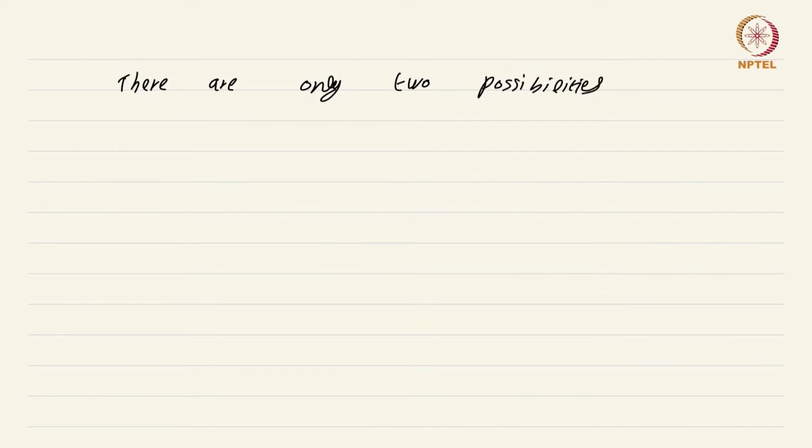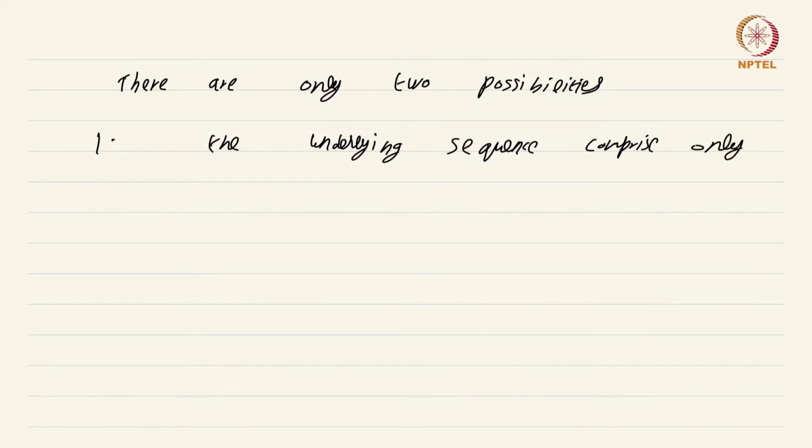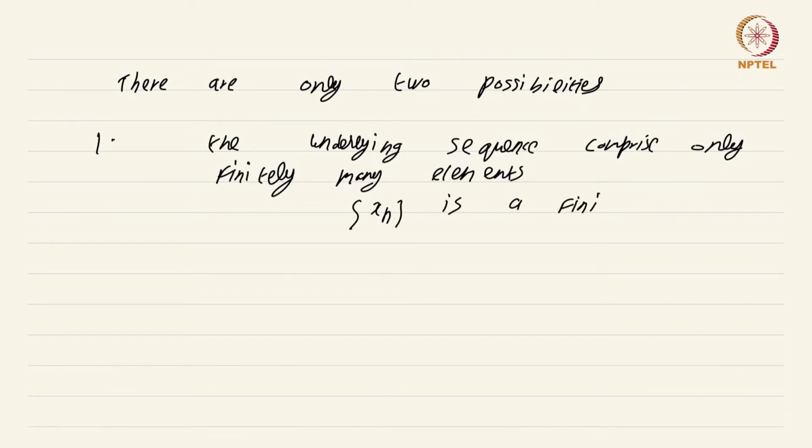The first possibility says the underlying sequence comprises only finitely many elements. What this essentially means is that this xn set is a finite set. You put all the terms of the sequence inside a set and you get a finite set. That's one possibility.